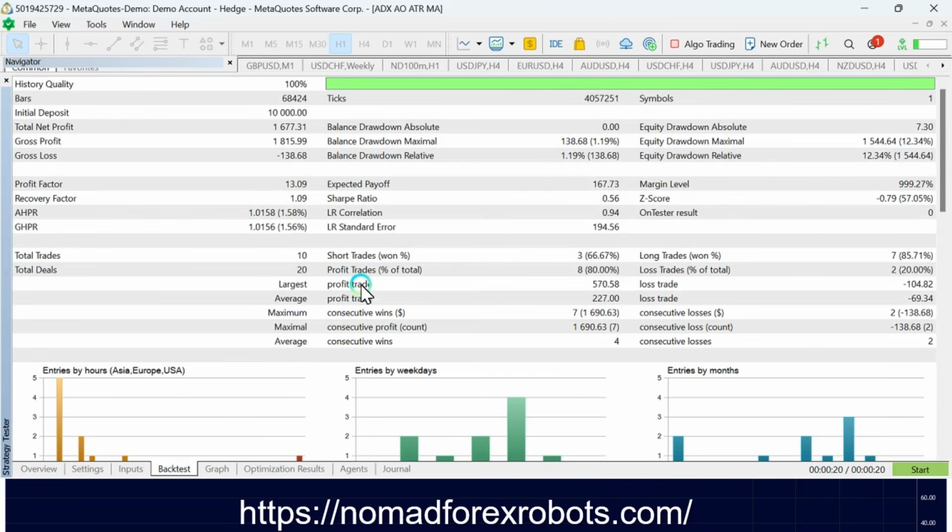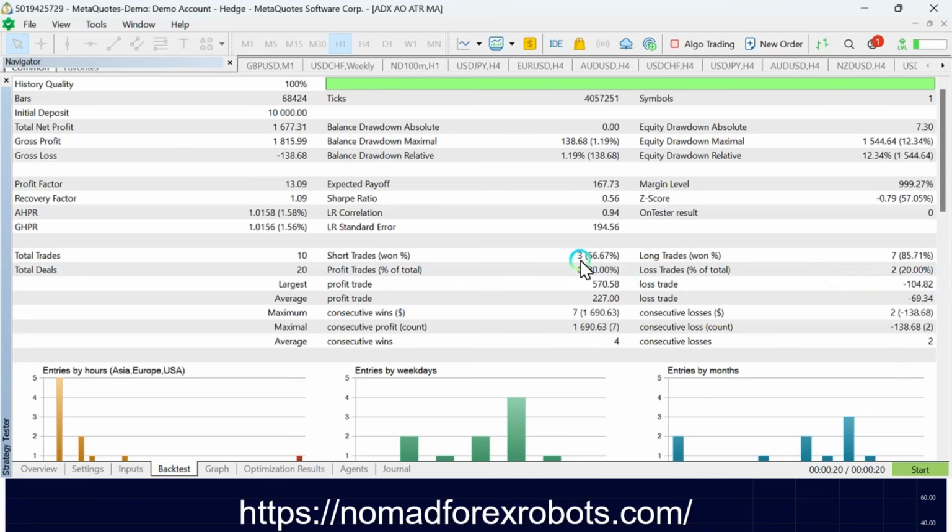For example, the profit trades were 80%, but the risk to reward ratio was amazing, like not just 1 to 3, but even more. And if you take a look at the largest profit trade to largest loss trade ratio, which is one of the most important ratios, it is more than 1 to 5.